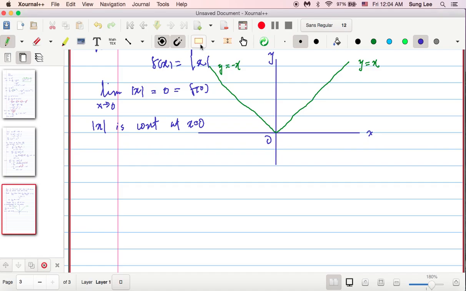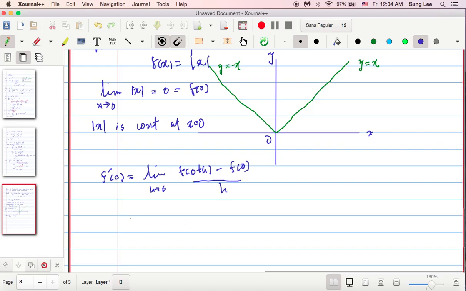But let's confirm this by calculation, okay? So here, what is supposedly f prime of 0 is going to be the limit as h goes to 0 of f of 0 plus h minus f of 0, all over h.